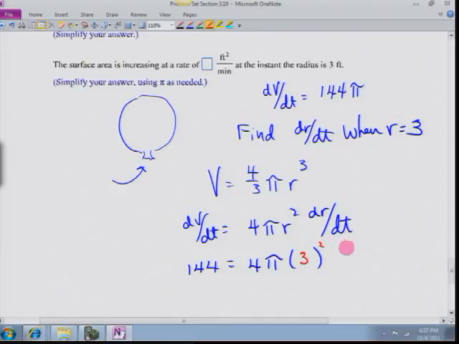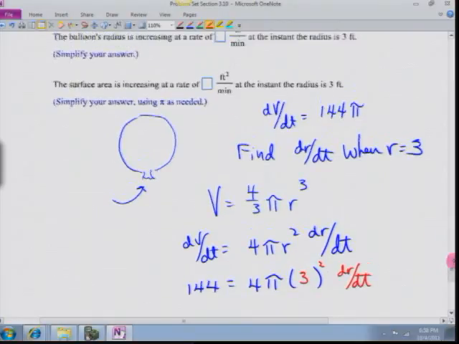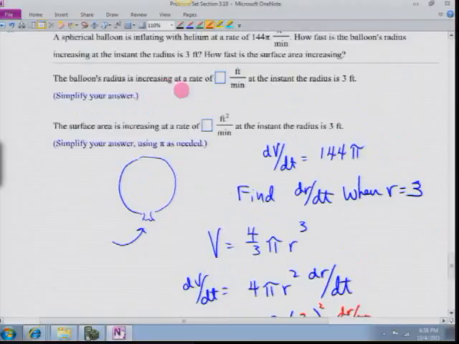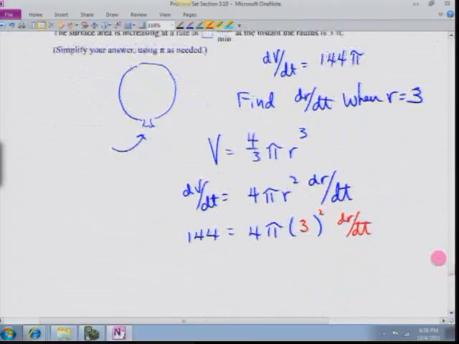So the first question is for how fast the radius is increasing. Wouldn't you have to have 144 pi? That's what you had. Sorry, thank you.